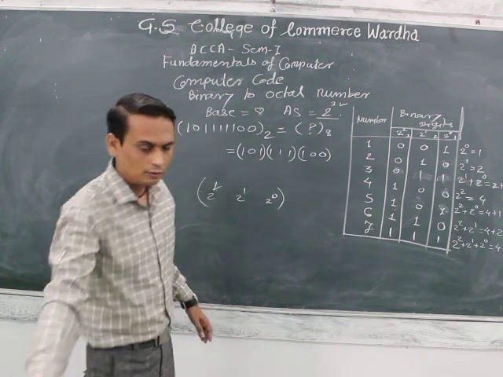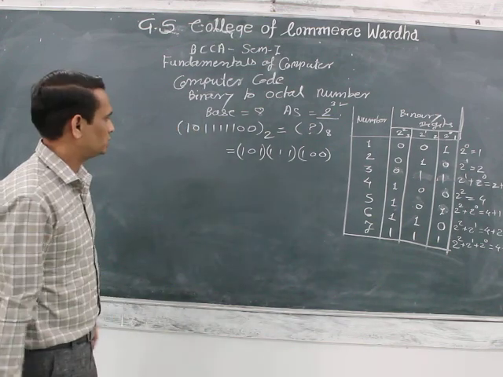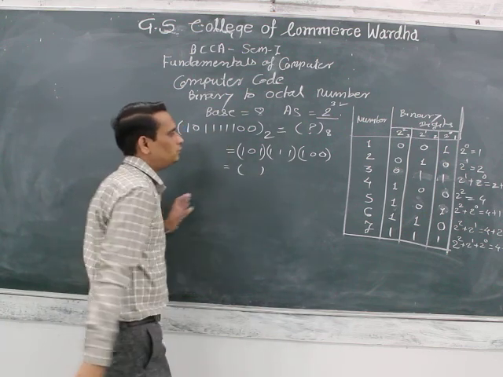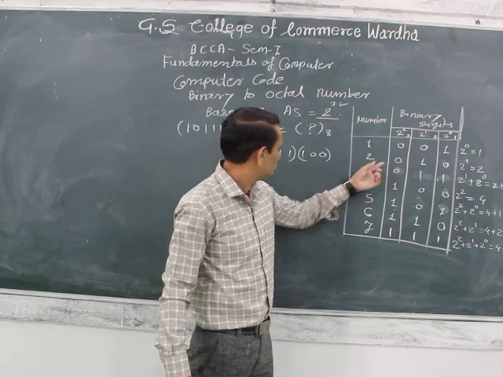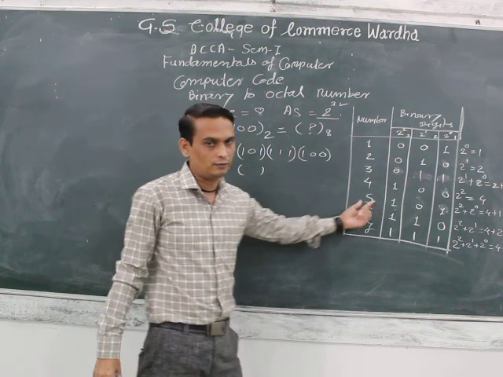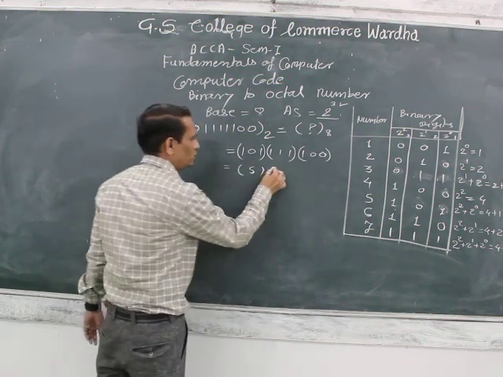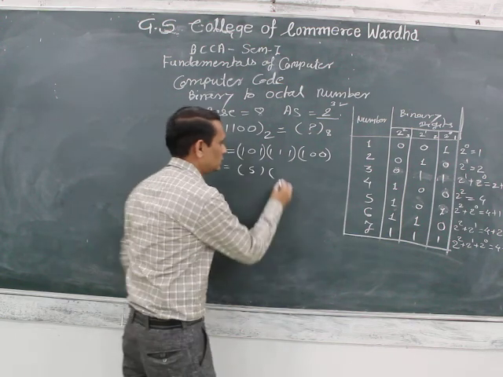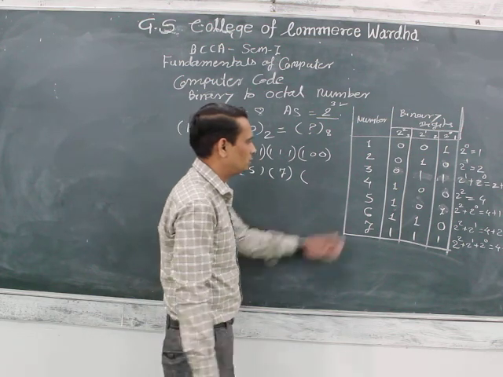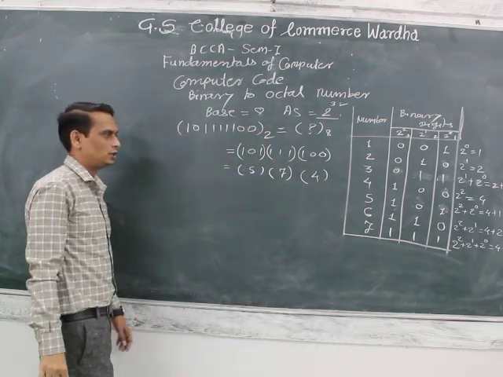So we have the values of binary numbers to represent. We have the first group, that is 101, and 101 represents the fifth value, or 5. So decimal number 5. 111 represents 7 and 100 represents 4.